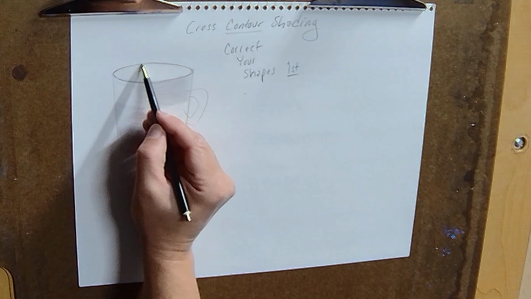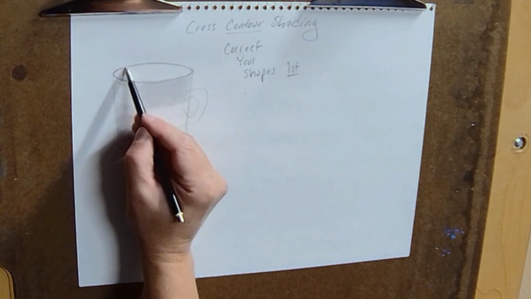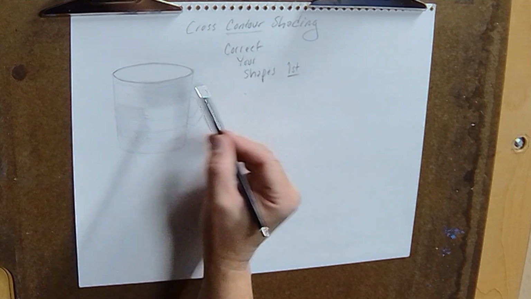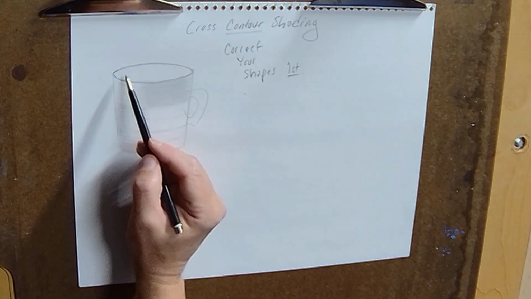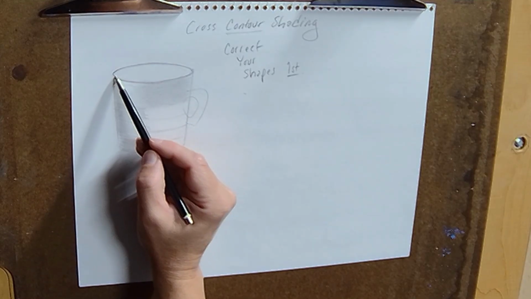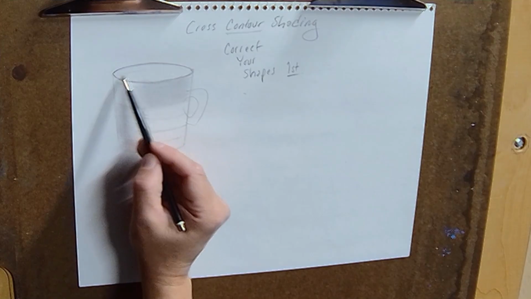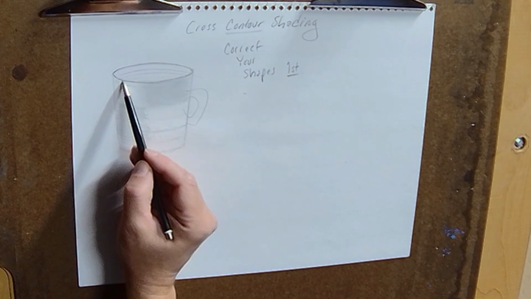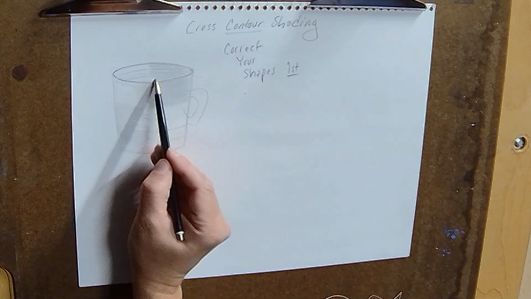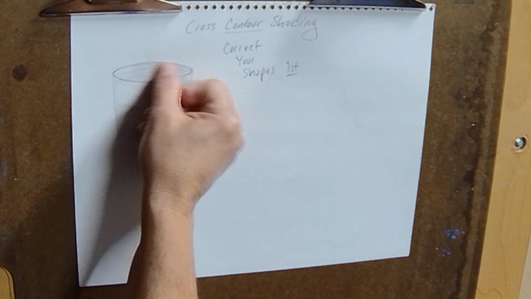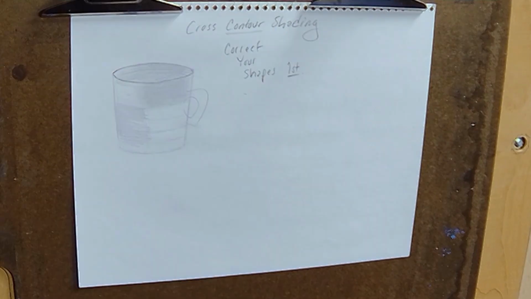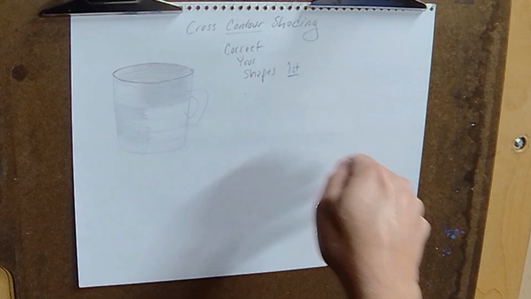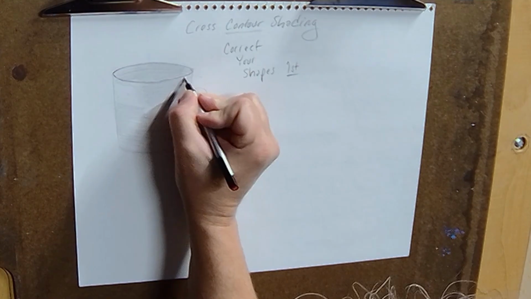But now the curve that defines the back side curves upward instead of downward. And so you want to make it seem like those lines curve up and away from you. So now we've created the back side of the cup that curves away from us.